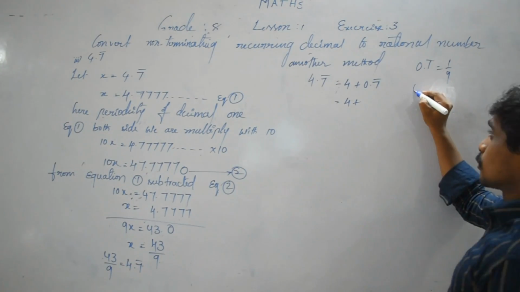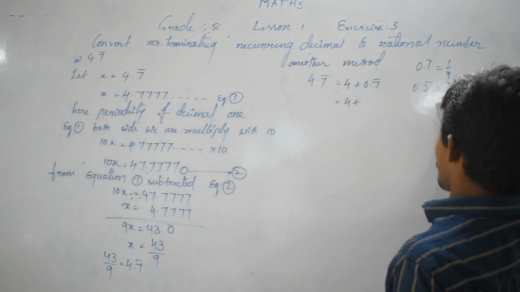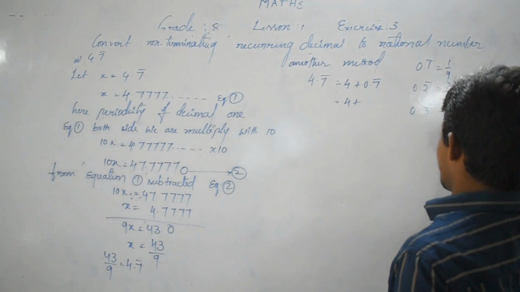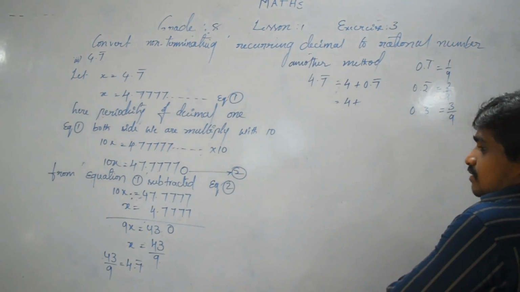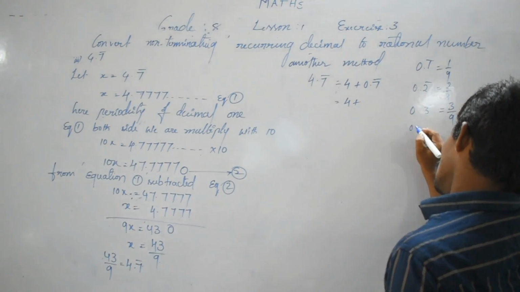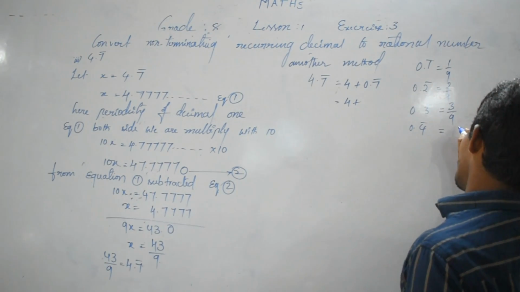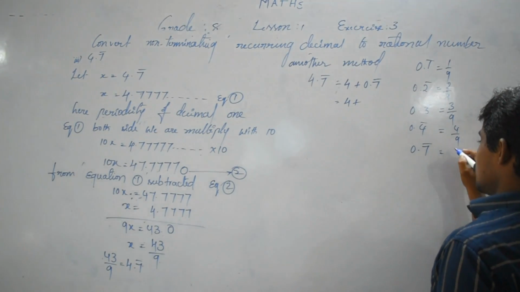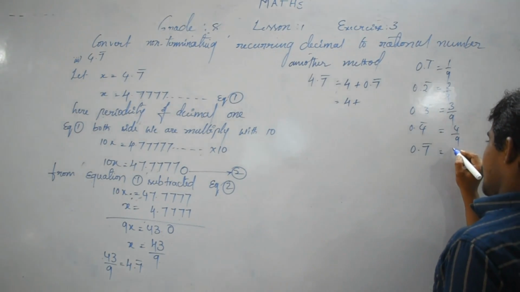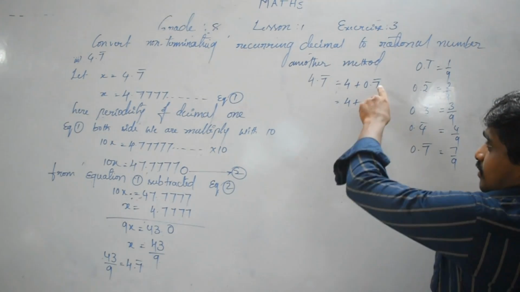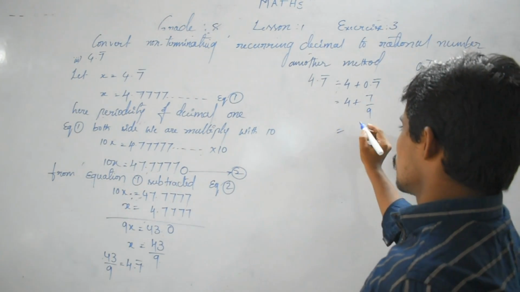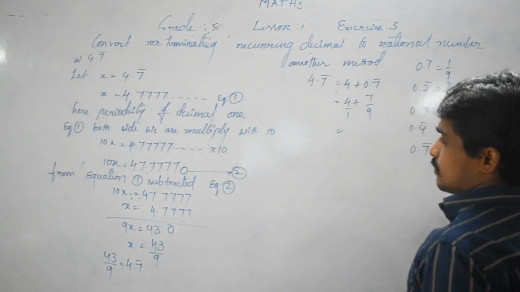0.3 bar means 3 by 9. Next, 0.4 bar means 4 by 9. So 0.7 bar means 7 by 9. So what is this value? 7 by 9. So here the denominator of 4 is 1.